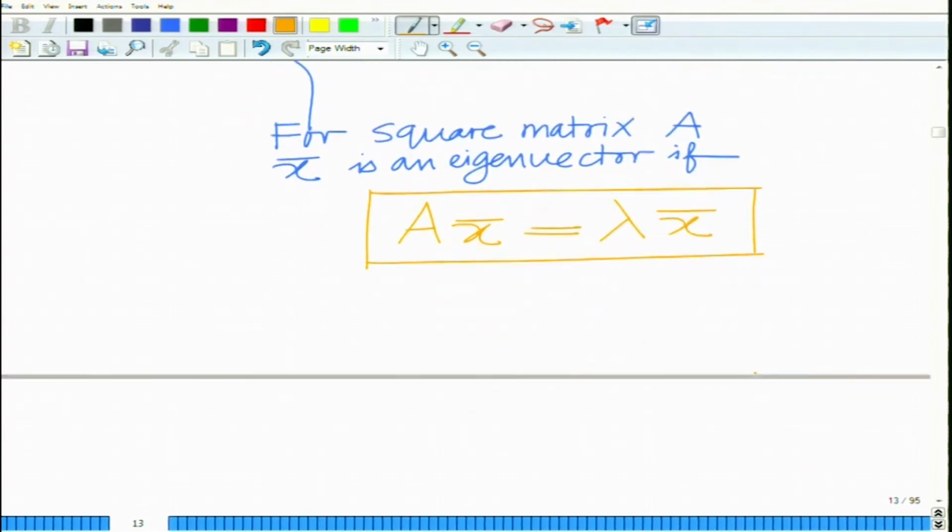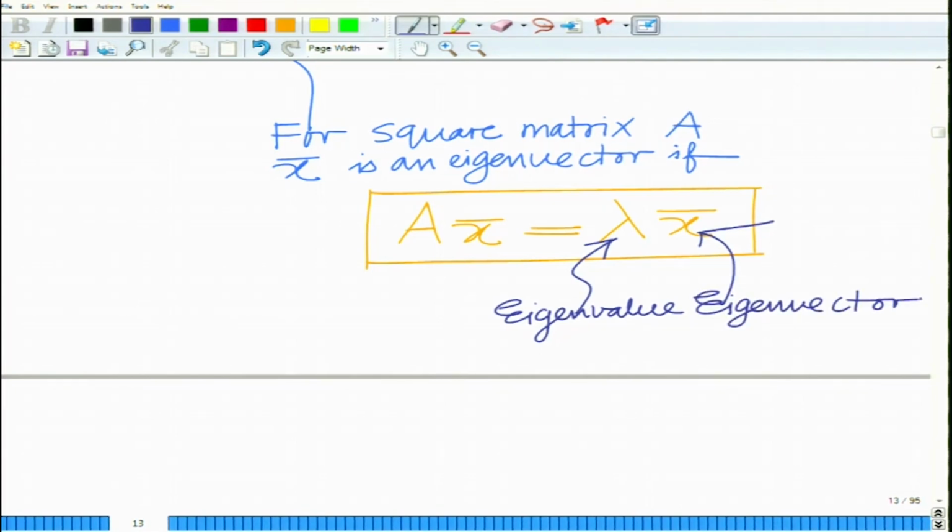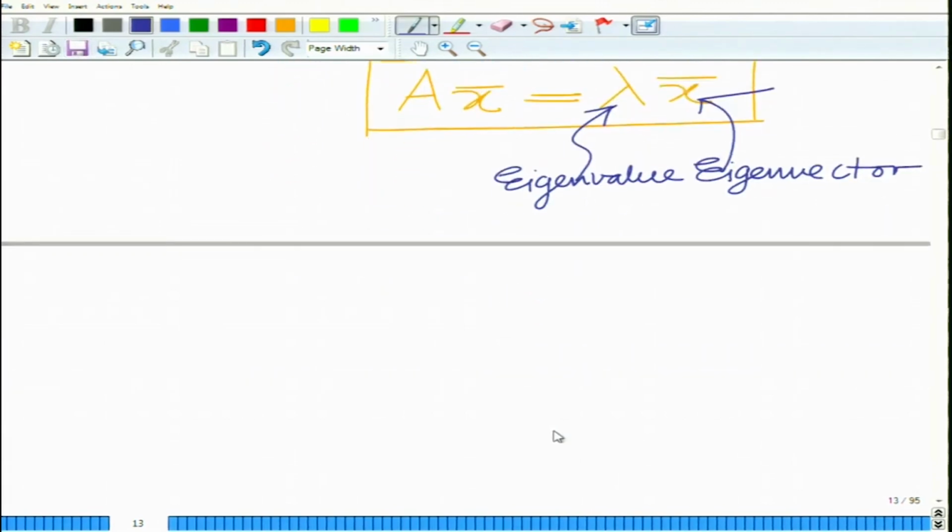This lambda is known as the eigenvalue, and this vector x bar is known as the eigenvector.